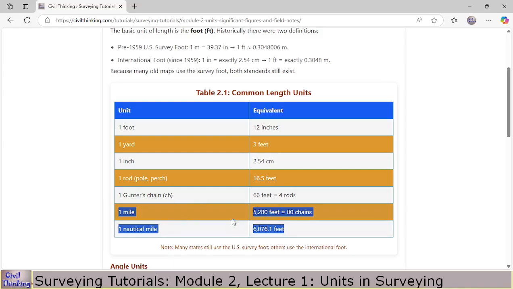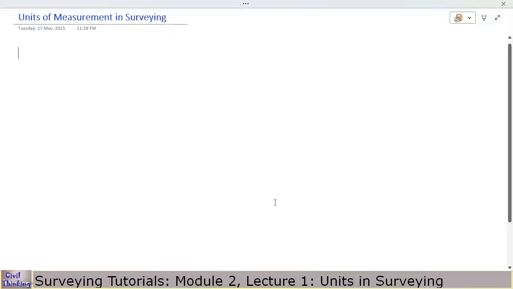If you remember the length of the rod, you will know one Gunter's chain is 4 rods. So you have to remember that one rod is 16.5 feet.